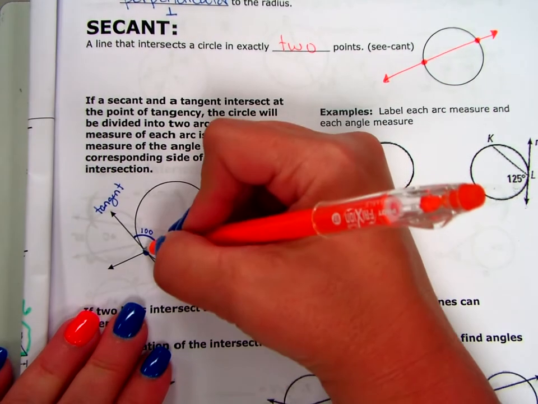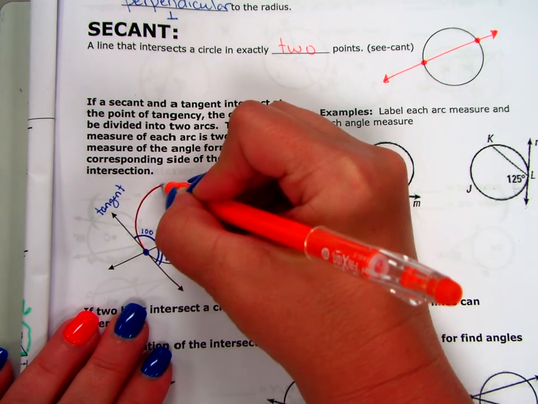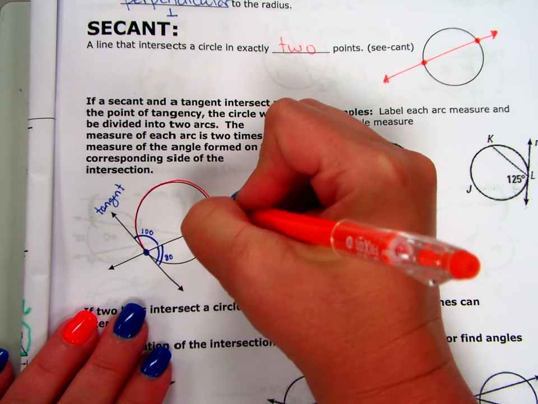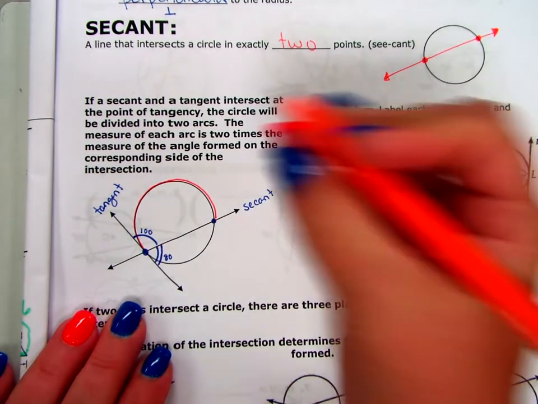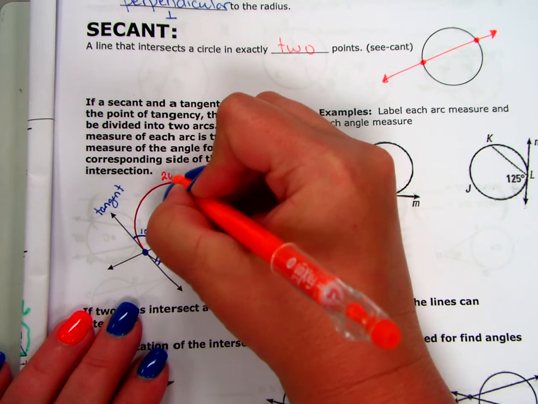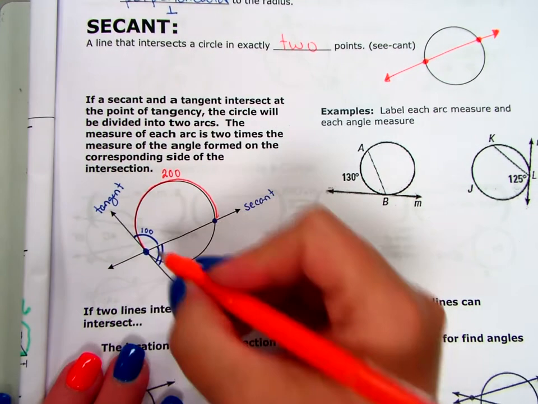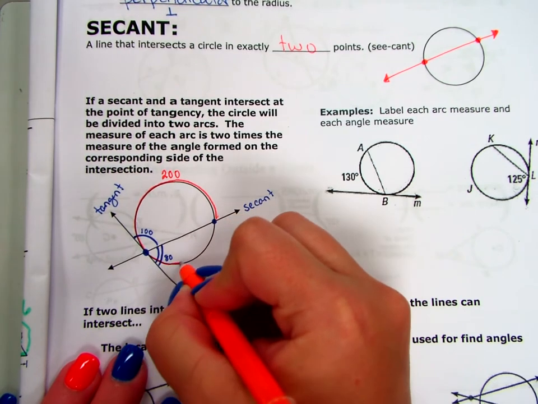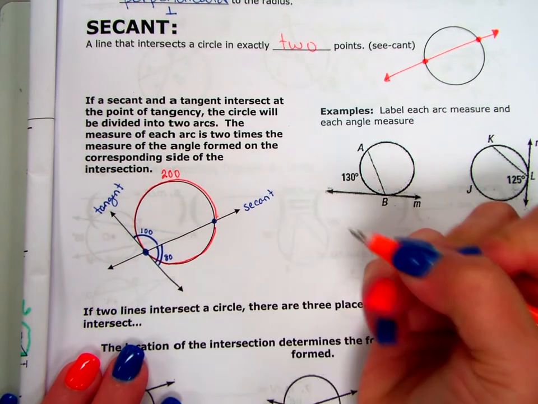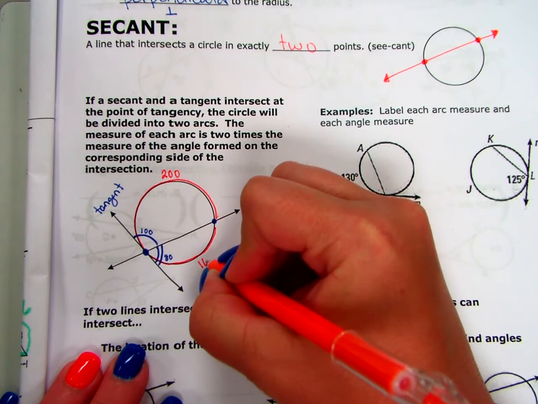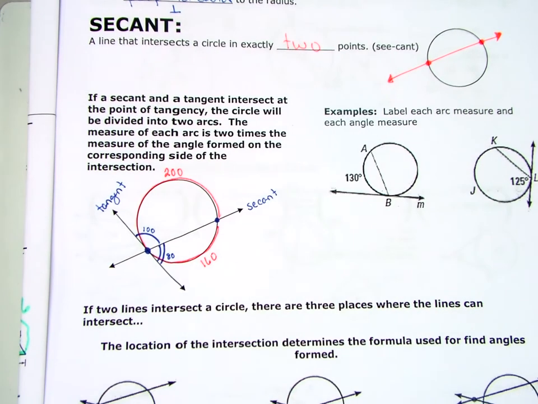So the major arc on this side would be 2 times the 100, which is 200 degrees. And the arc formed on this side would be 2 times the 80, which is 160 degrees. And notice that makes the whole circle 360 degrees.